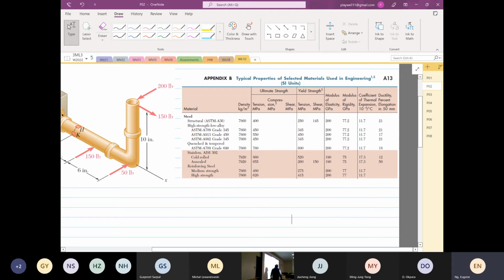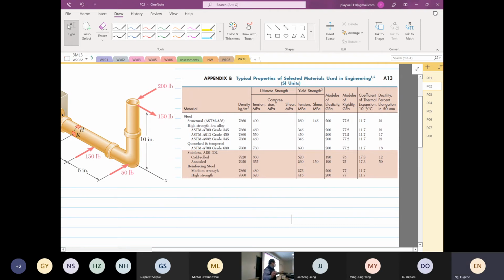But if you look at the table in detail, you can also see a column where ultimate strength is in tension, in compression, and then in shear. Why all these values?